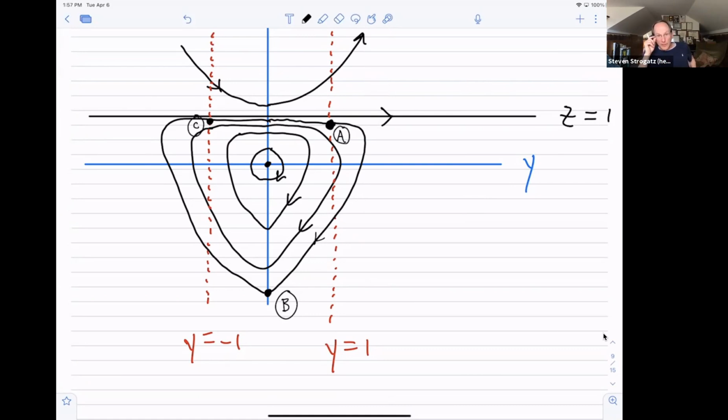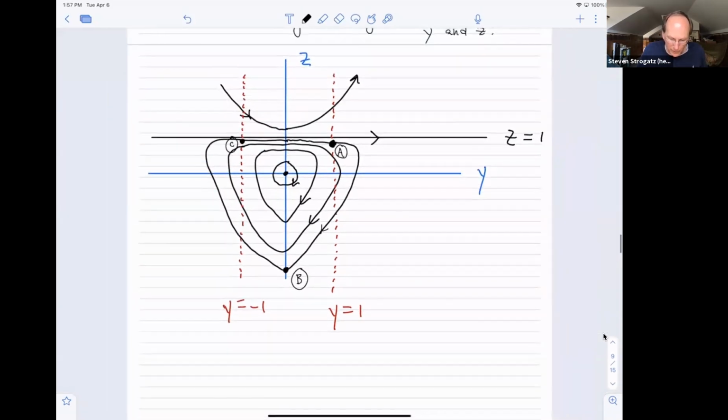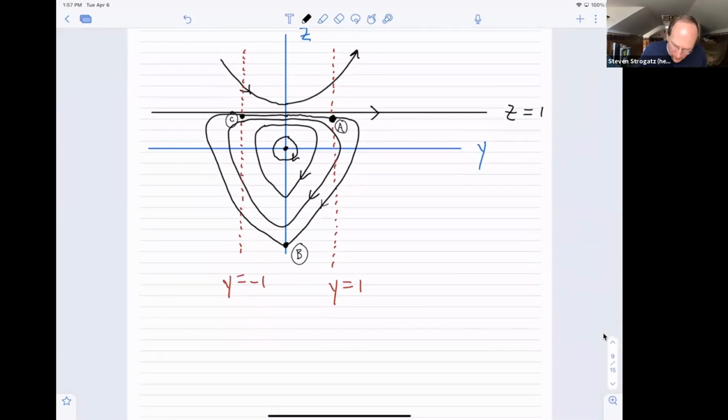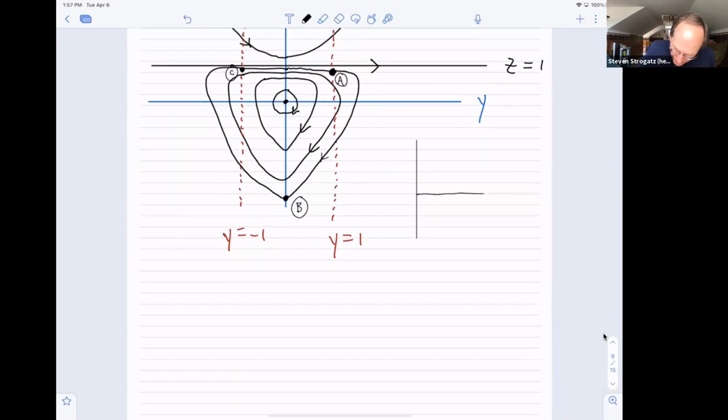So let's try to translate this into a Y versus T picture. I mean, what does this tell us, what we've drawn here? Actually, let me call it X to stick with the notation we've been using.